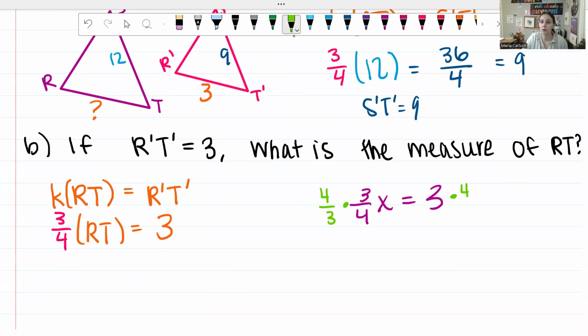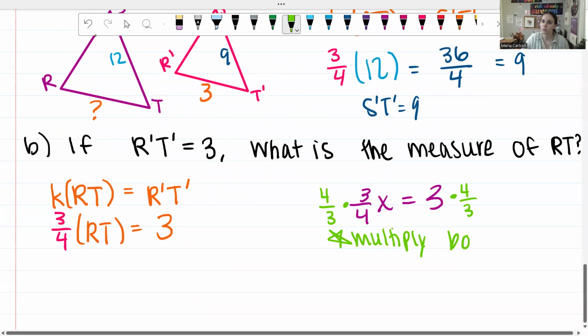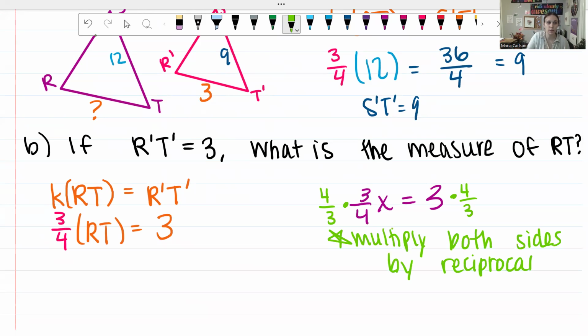So you're going to end up multiplying both sides of this equation by 4/3. Multiply both sides by the reciprocal. That is what we did.